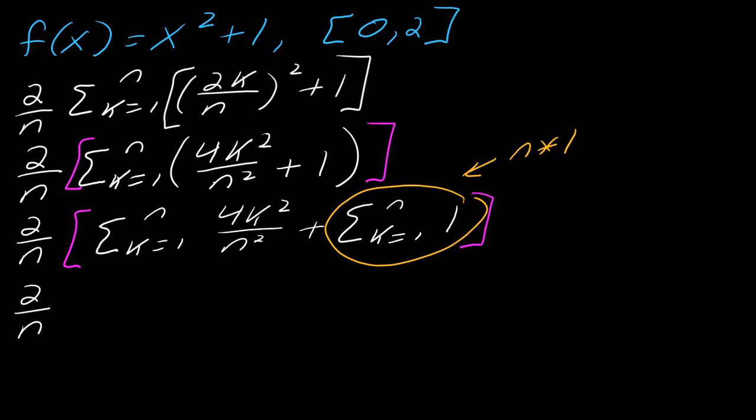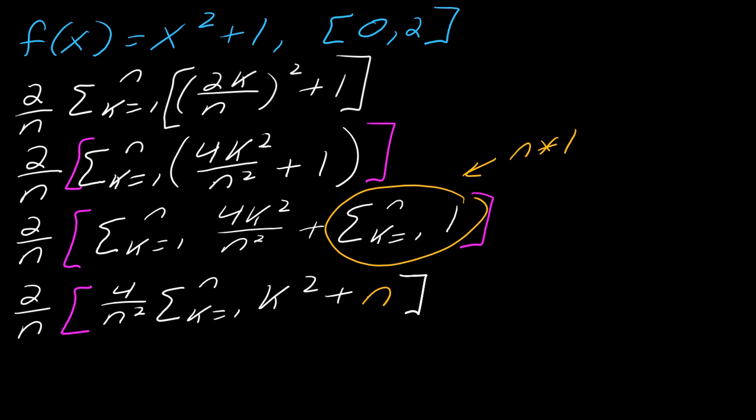I'm trying to just focus on all the stuff in the pink at the moment. So I'm going to factor out that 4 over n squared, and then I've got k equals 1 to n of k squared, and then this other part is just going to be plus n. That's me using that constant value rule.